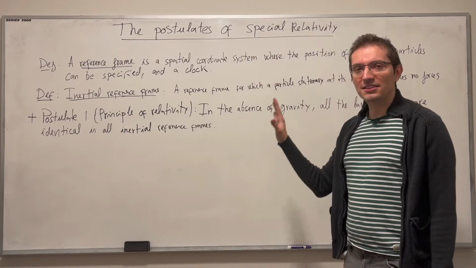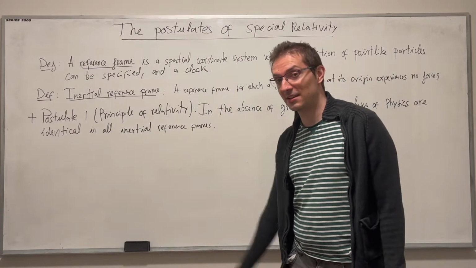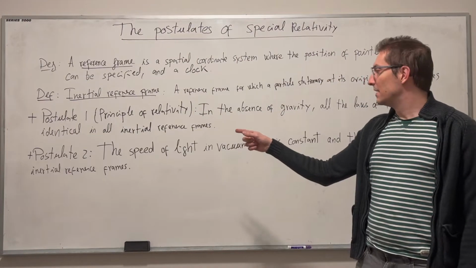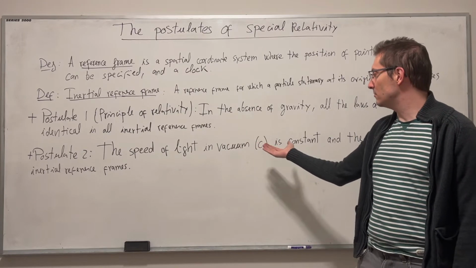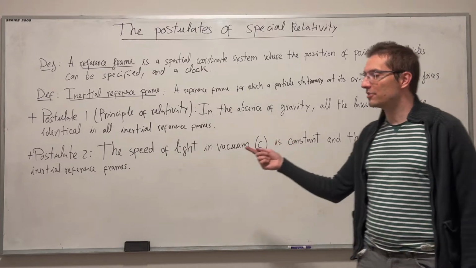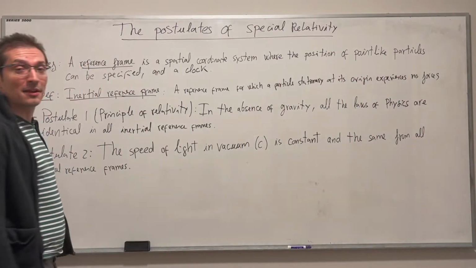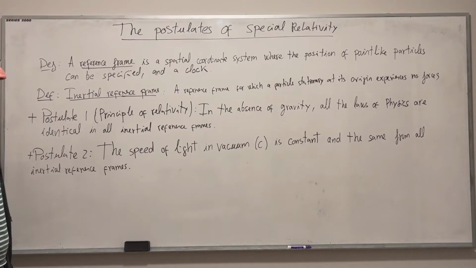The real change happens at the level of postulate 2. Let's see what it says. Postulate 2 tells me that the speed of light in vacuum, which we call c, is constant and the same from all inertial reference frames. That's the one that is groundbreaking, because in Galilean kinematics, velocities compound.